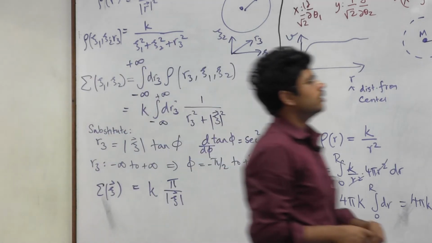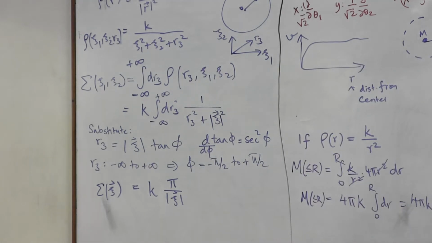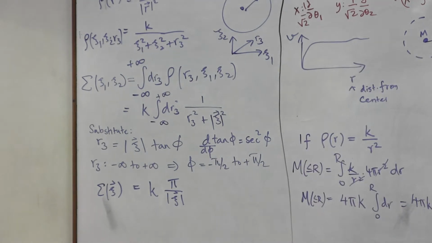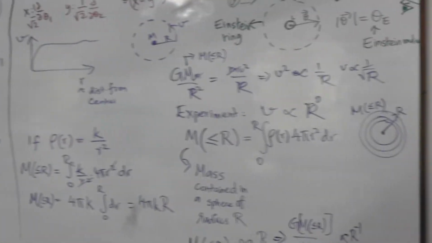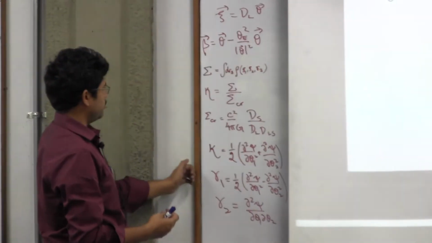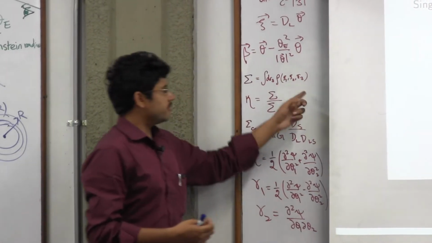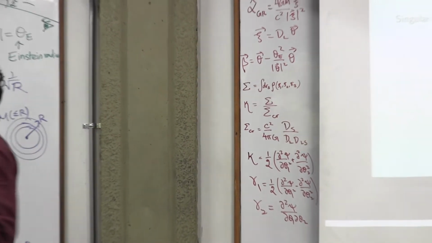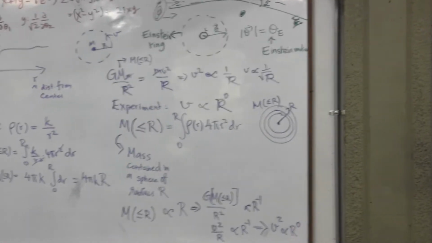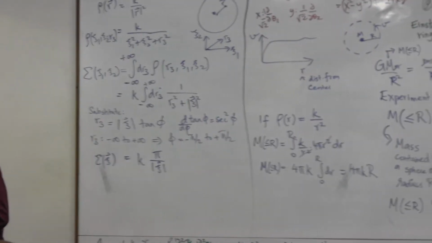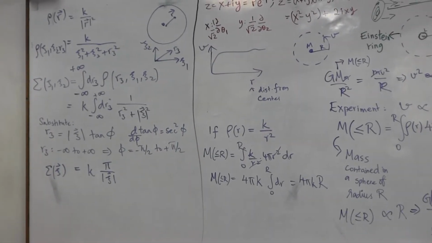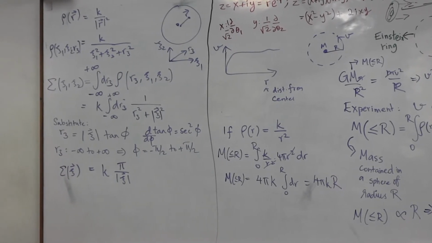Okay, so here we are doing this kind of modeling by saying we will consider a density profile, and let's go through these steps one by one. So we started with the 3-dimensional density. Now we've gotten the 2-dimensional density. The next thing that we will do is the kappa.